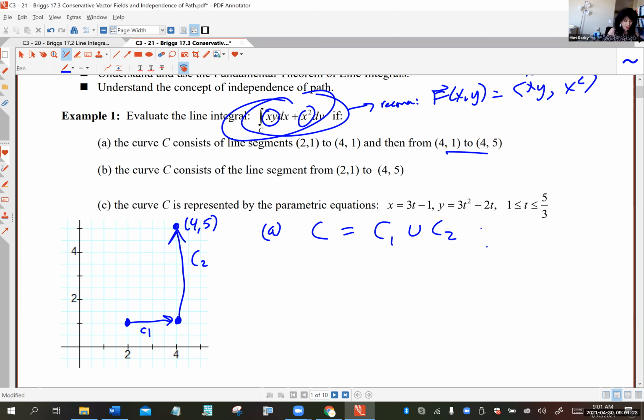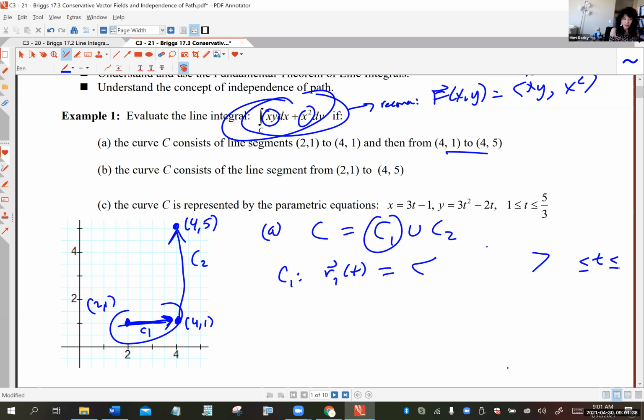So let's do C1 first. If you parameterize this leg of the journey, where you start at the point (2, 1) and end at the point (4, 1), I'll call it R1 of t. Remember, you need to give the vector-valued function as well as the time constraints.